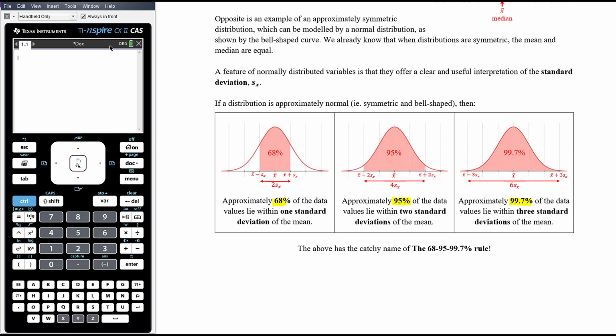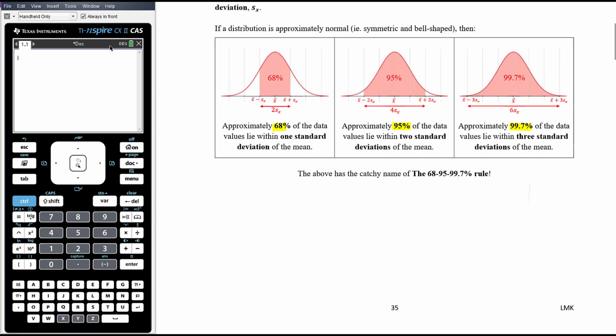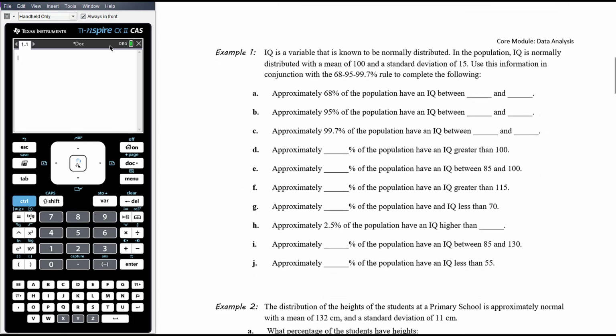I say sarcastically the catchy name, because it's not particularly catchy, it doesn't really roll off the tongue, and it doesn't help you to remember those three numbers, but you essentially need to remember them. So 68% of the data is within one standard deviation of the mean, 95% of the data is within two standard deviations of the mean, and 99.7% of the data is within three standard deviations of the mean. Okay, let's have a look at an example to see what we mean by that.